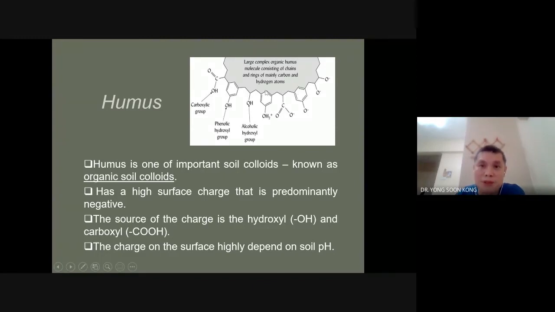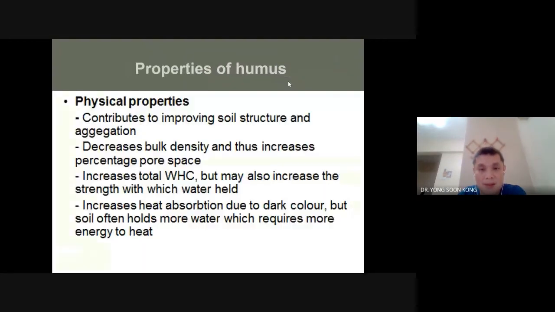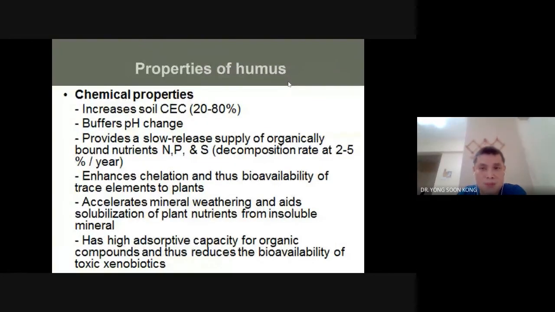Pesticide will usually attach strongly to this benzene ring or any parts that consist of carbon. So this is how pesticides are trapped inside humus. Very much the same as clay, except clay is mineral, but humus is carbon based, and they're doing almost the same thing for the same purpose.